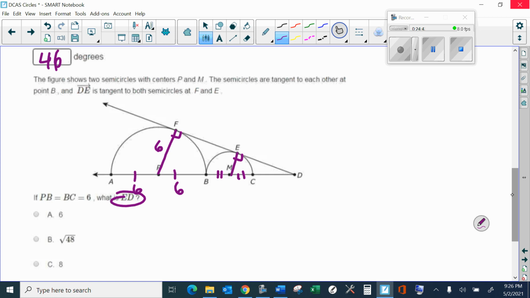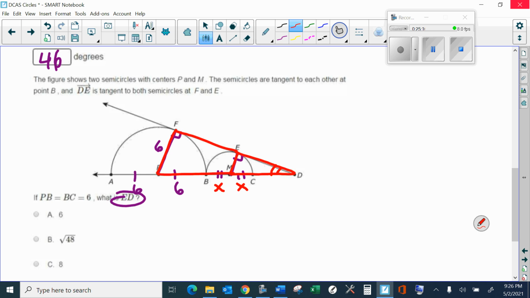We do have overlapping triangles. So these are similar triangles, because that angle is congruent to that. So we have AA similarity, just so we know that. Oh, BC also equals 6.